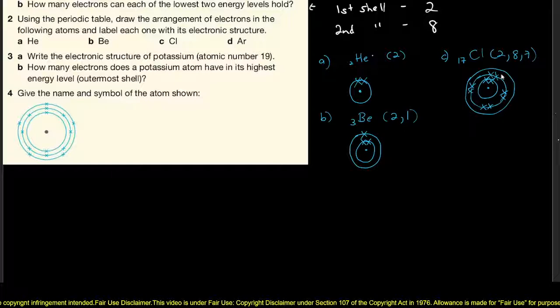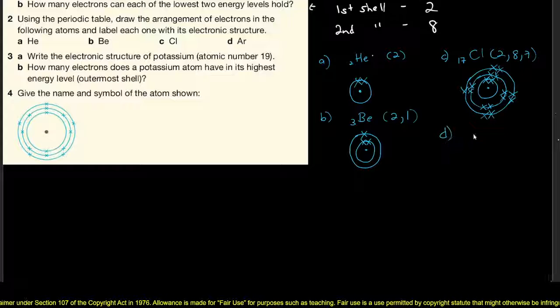So we always join our electrons singly before we pair them up. With the 7 electrons, I'm going to fill them into the third shell: 1, 2, 3, 4, 5, 6, 7. I tried my best to fill in my electrons in a clockwise direction.